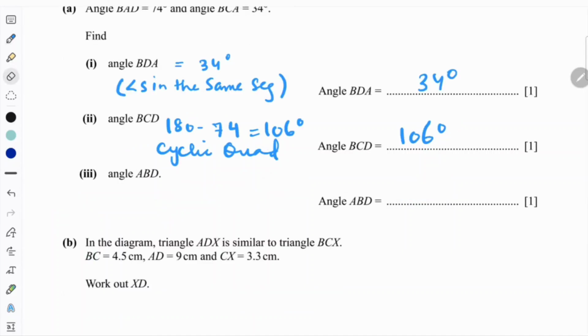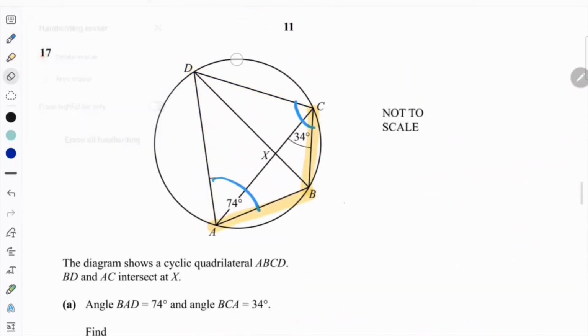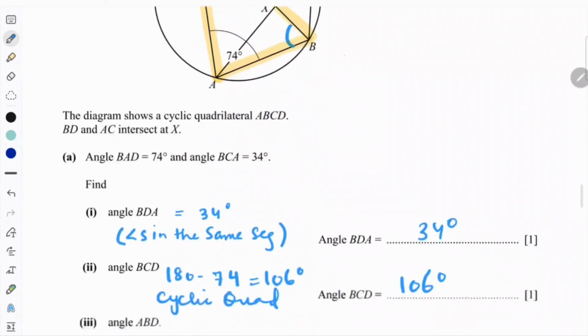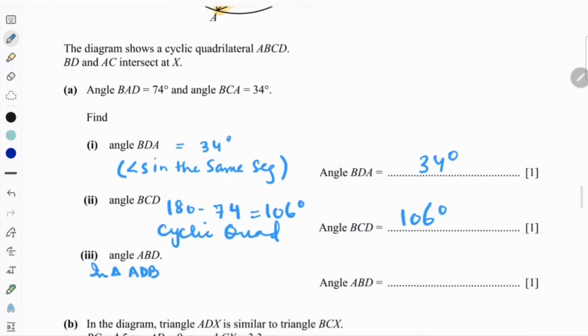Part 3, angle ABD. Just check what angle ABD is here. This angle is required, and we know that this is 34 degrees. So we are taking triangle ADB. In triangle ADB we have angles 34 and 74.